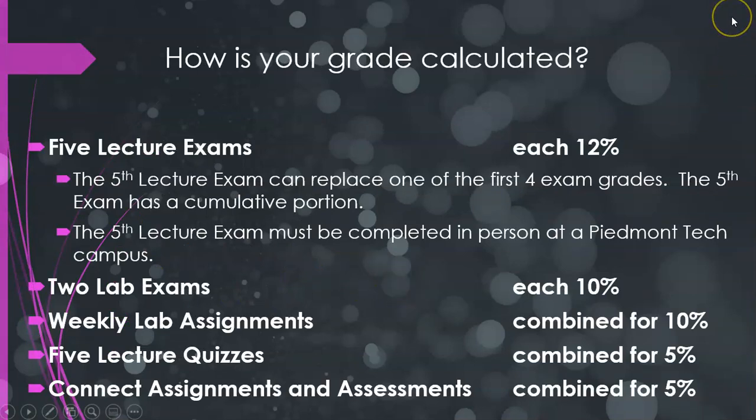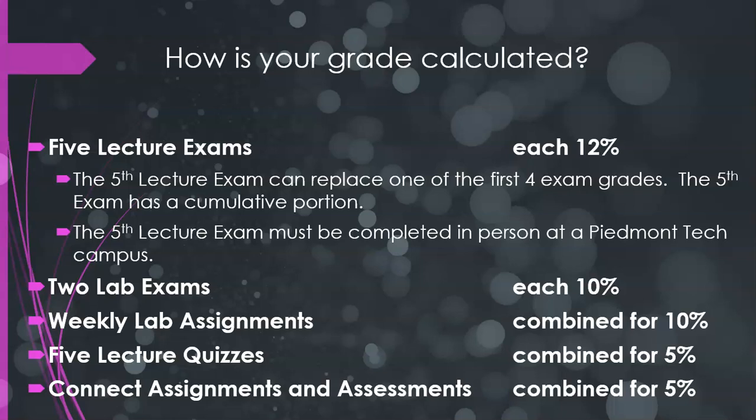The next thing we need to talk about is how your final grade is calculated. So you're going to have 5 lecture exams. Each one will have a certain number of chapters, and those 5 exams altogether count for 60% of your grade. Okay, so 5 exams, each one is 12%, altogether is 60% of your grade.